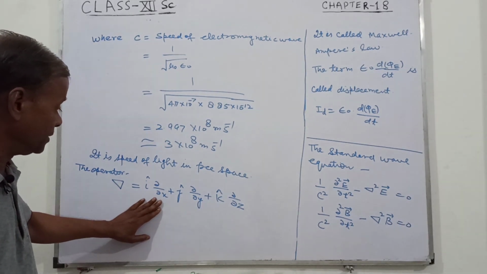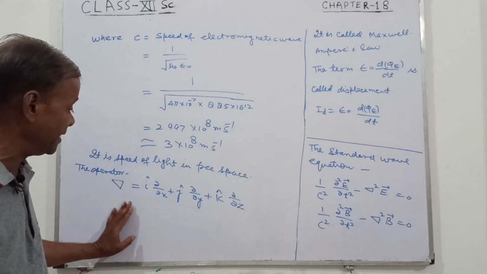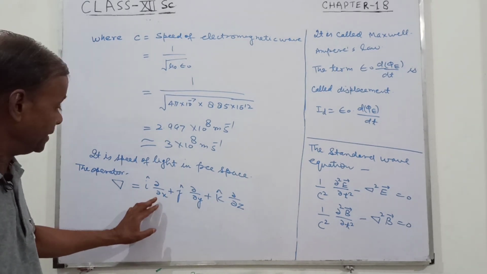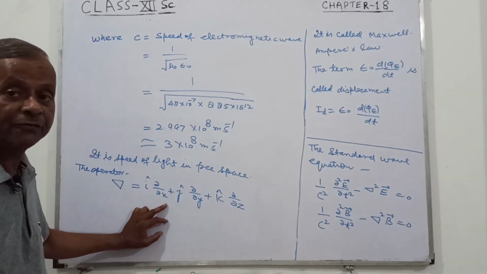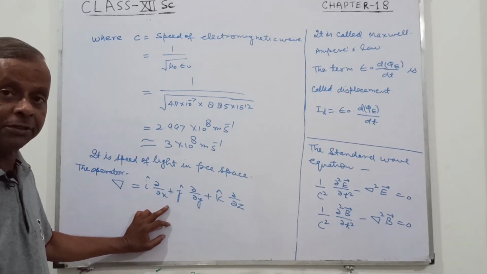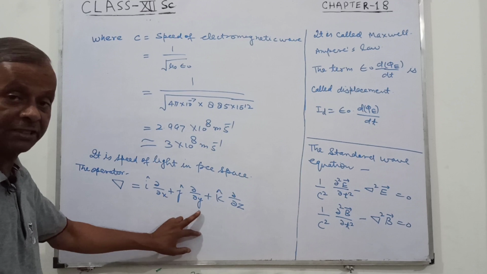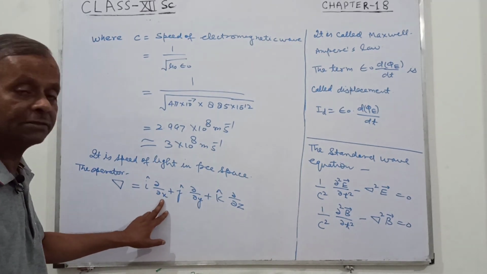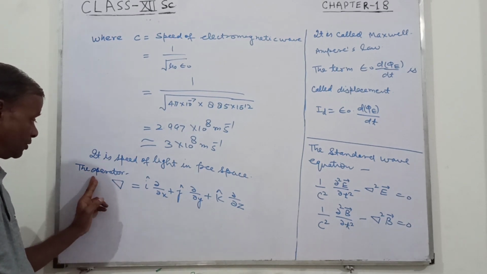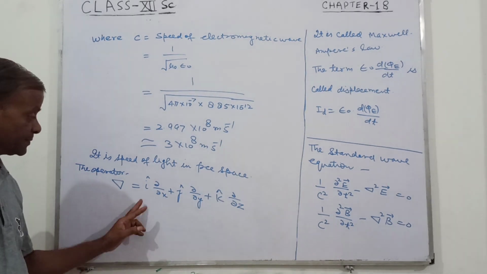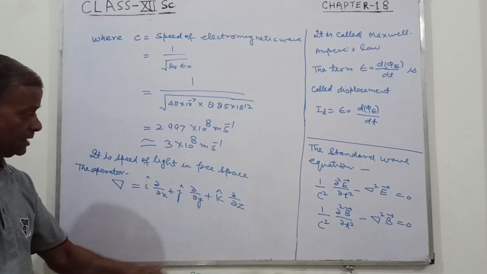So this scalar quantity gives you a vector quantity. Suppose we have the electric potential, then del V upon del x, del V upon del y, del V upon del z will give you the electric field. You can see that i, j, k are being used.